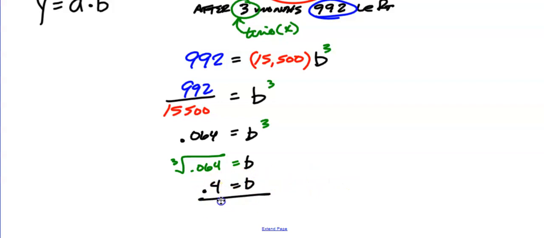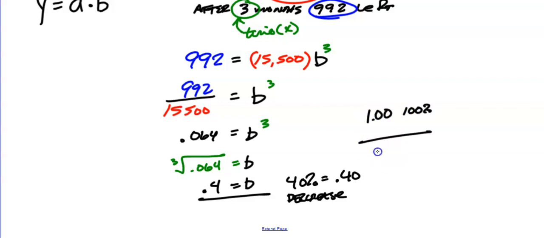And so what we end up with here, since that b is 0.4, that is actually a 40% decrease is what that means. Because 0.4 is 0.40. No, hold on. That is a 60% decrease. Because if 100% or 1.00 is 100%, and then we have a decrease here of 60%, which is 0.60, this is going to be 40%.